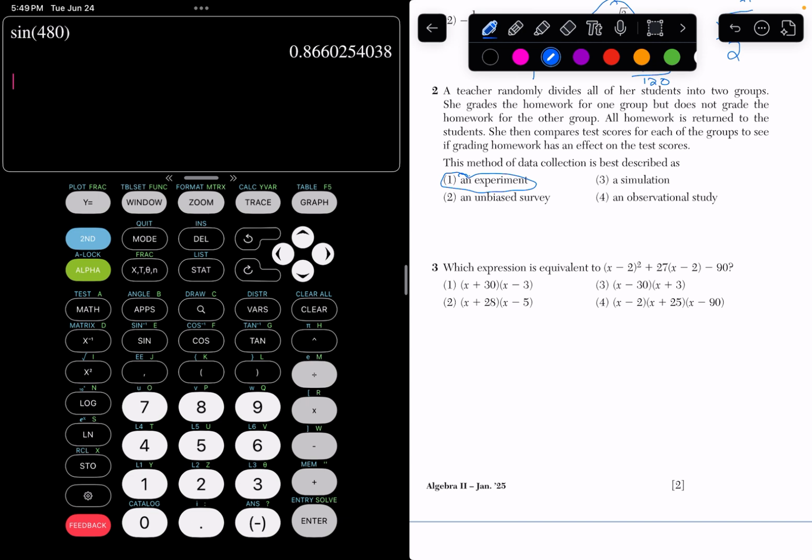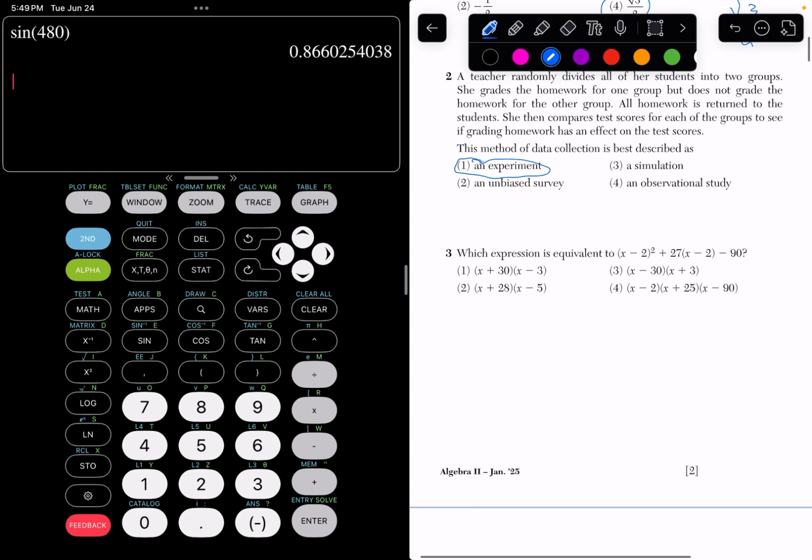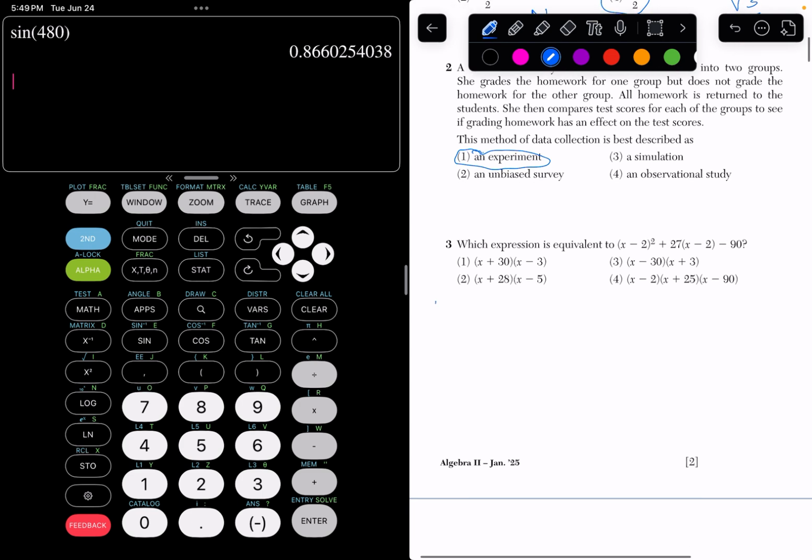All right, now there's a long way and a short way to do this. You can do x minus 2 times x minus 2 plus 27 x minus 2 minus 90. Okay, I'm going to do the shortcut. When you multiply these two, this becomes x squared minus 4x plus 4.